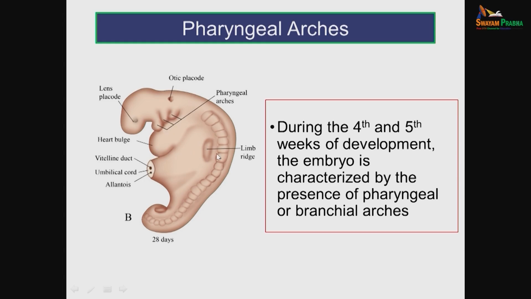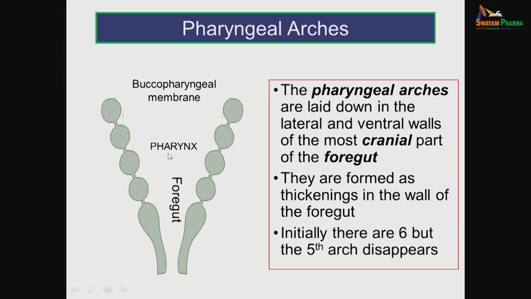During the 4th and 5th weeks of development, the embryo is characterized by the presence of what are called pharyngeal arches or branchial arches. It is marked in this picture. This is seen in the neck region. These pharyngeal arches are laid down in the lateral and ventral walls of the most cranial part of the foregut.